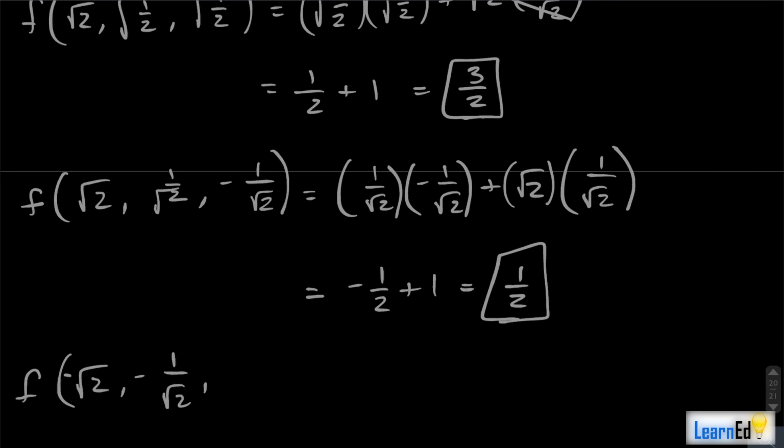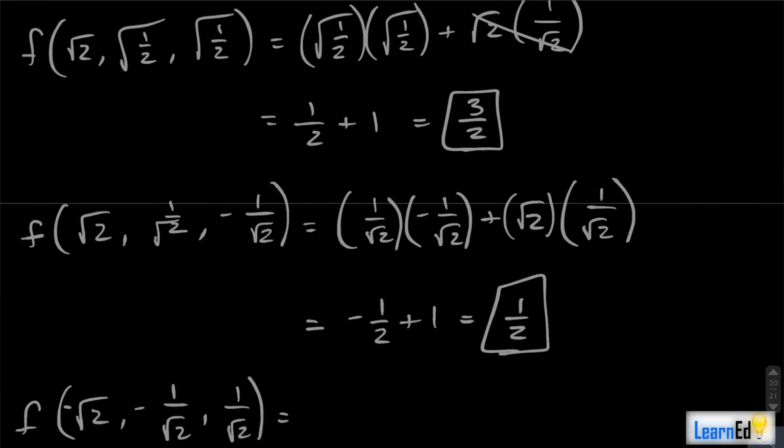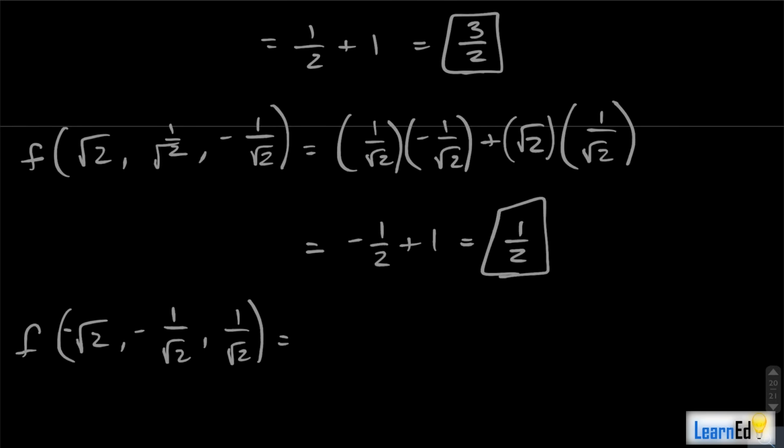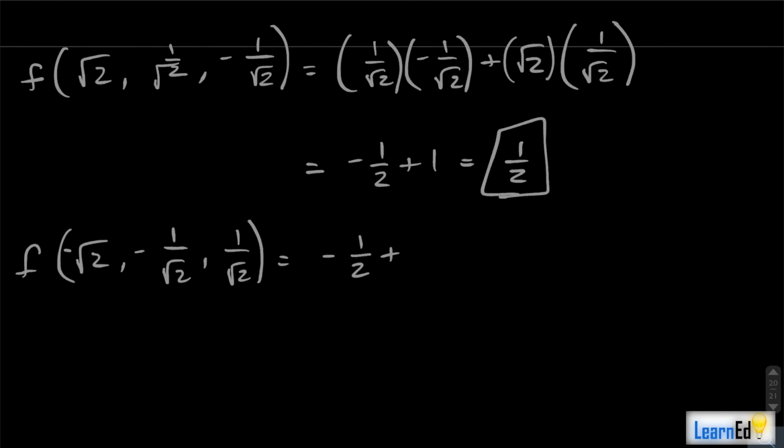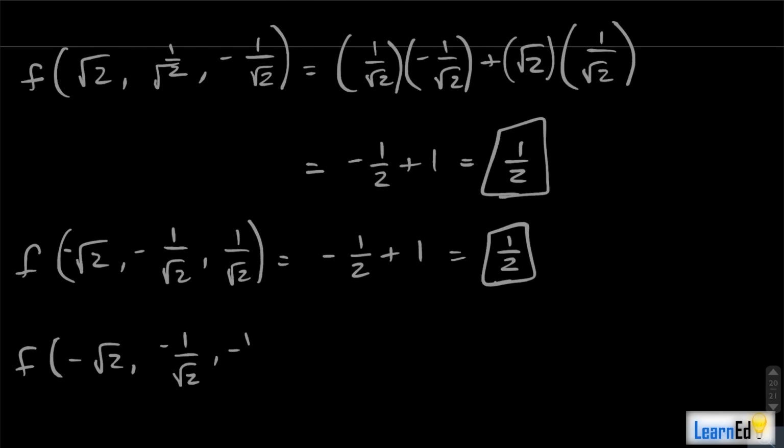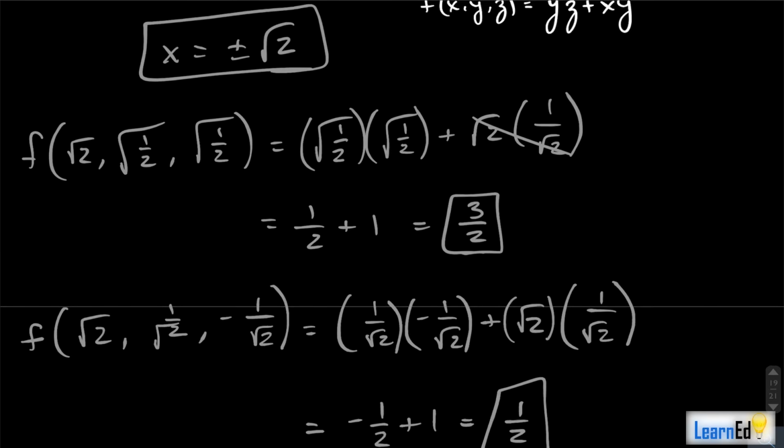Negative 1 over rad 2 and 1 over rad 2 to get y times z is going to be negative 1/2 plus xy is just going to be 1, and you get 1/2 again. And lastly, if you did all these things as negative, you get, remember, yz plus xy.